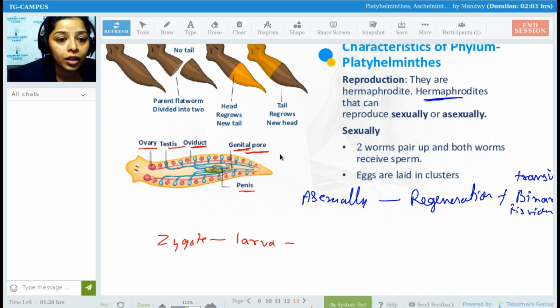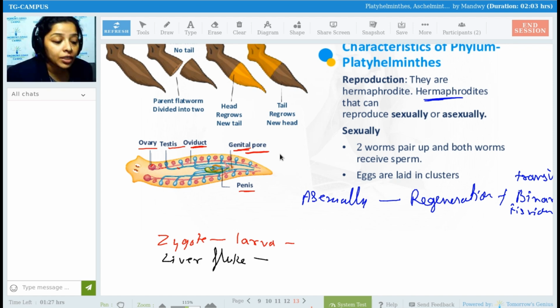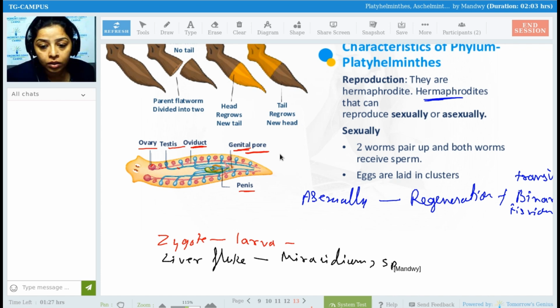First example is the liver fluke, Fasciola. Here the larval stages are Miracidium, then Sporocyst, then Redia.